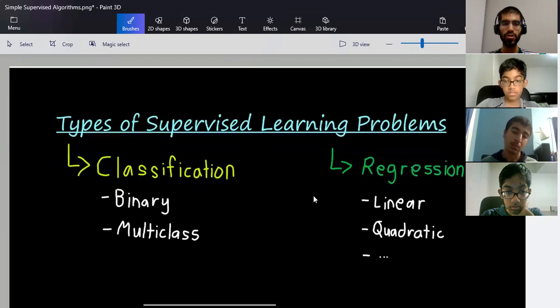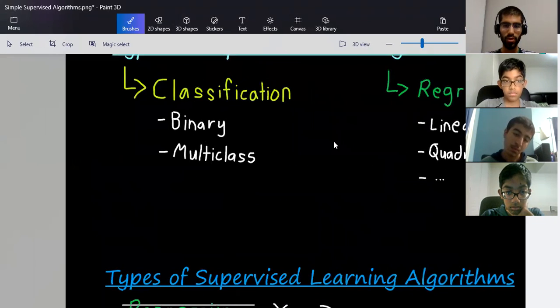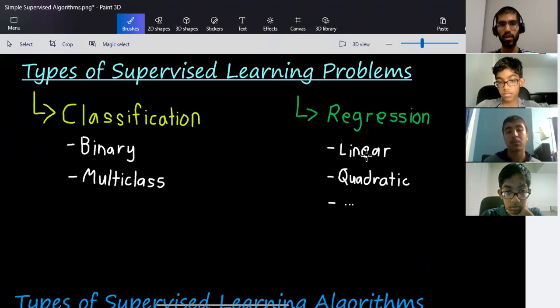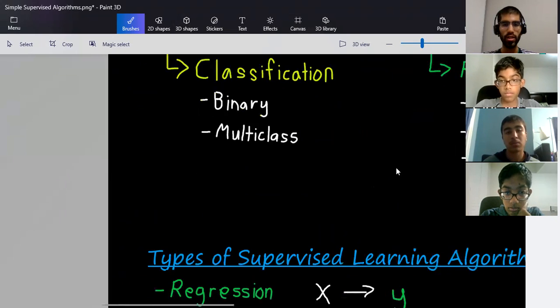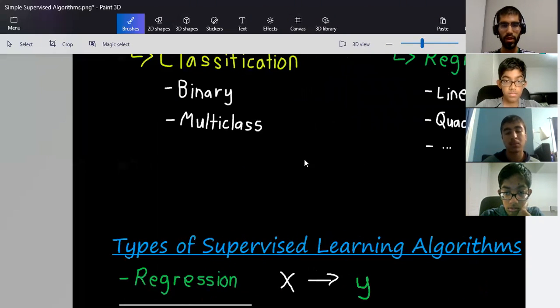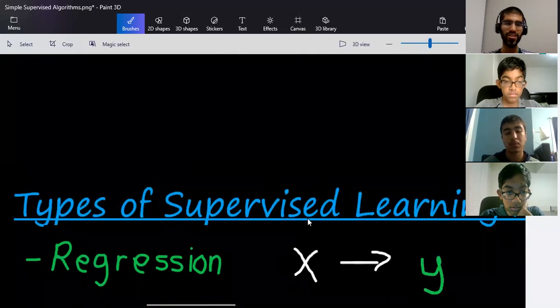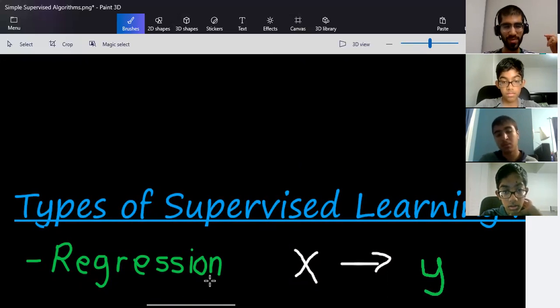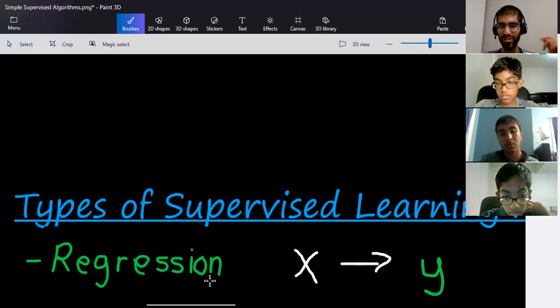And it just happens to be that the type of supervised learning algorithm that solves the problem of regression is also called regression. So the problem is called regression, and the algorithm we use to solve a regression problem is also called the regression algorithm. But this is not always the case. You'll see some examples later.